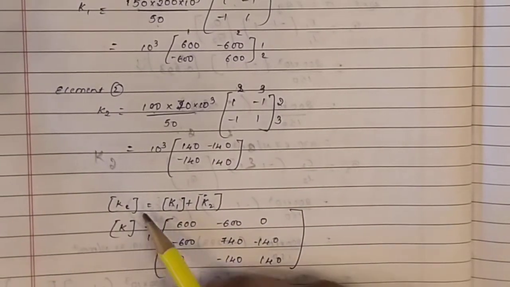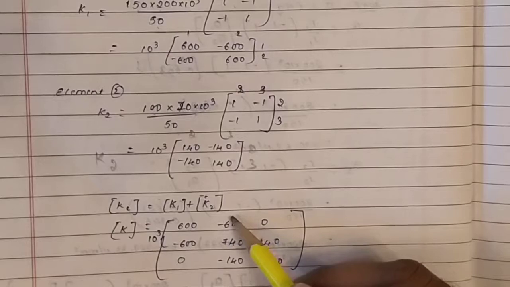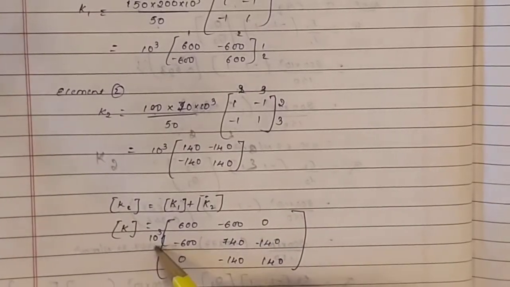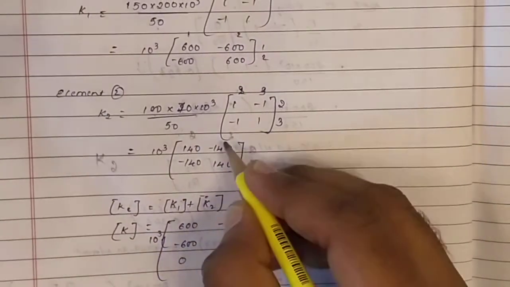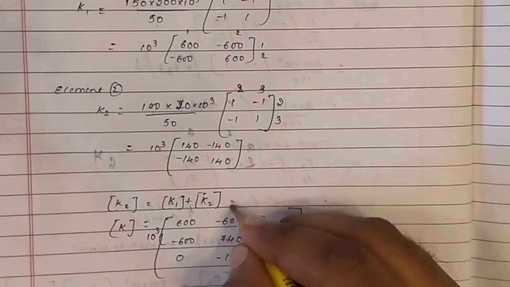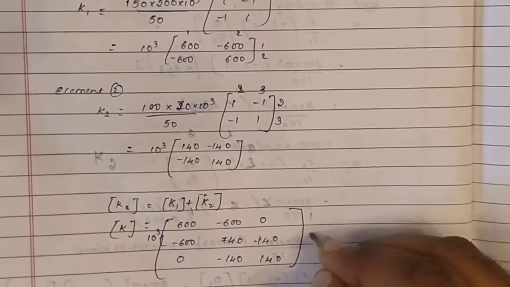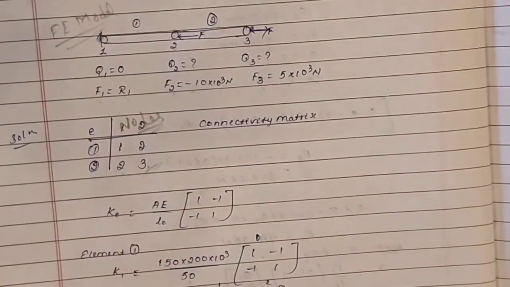So next is the global stiffness matrix. K equals K1 plus K2. Only two elements here. K equals 10 power 3 as common in both. The size of the global stiffness matrix is 3, since the maximum is 3 nodes.